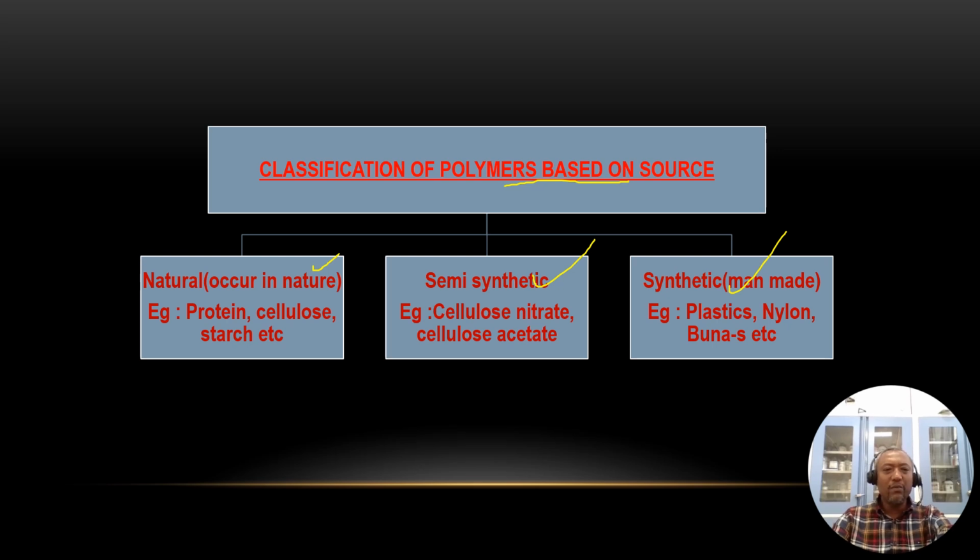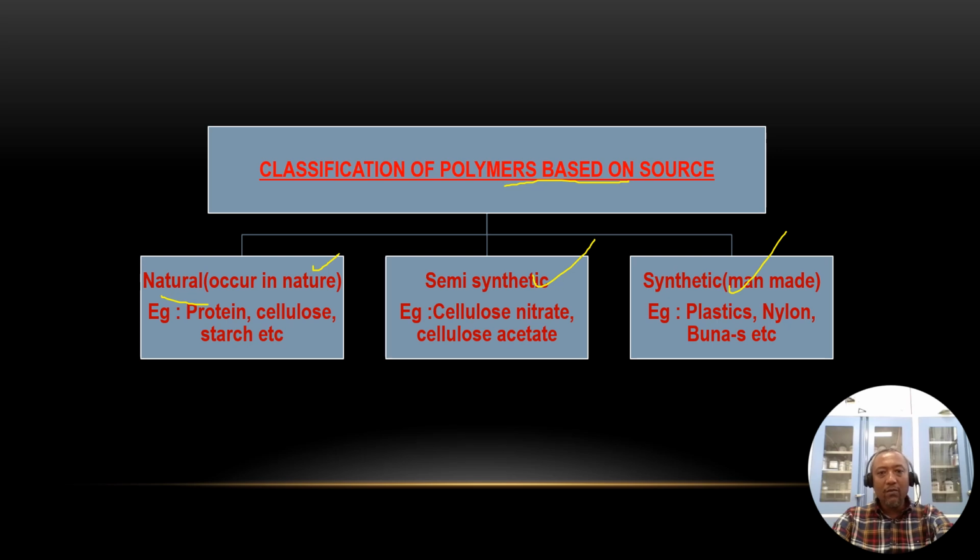The difference between natural and synthetic is that synthetic is man-made, whereas natural is found in nature. The middle one, semi-synthetic, is a combination of natural and man-made material. Now let's see examples of natural polymers. Protein, cellulose, and starch are considered natural polymers.